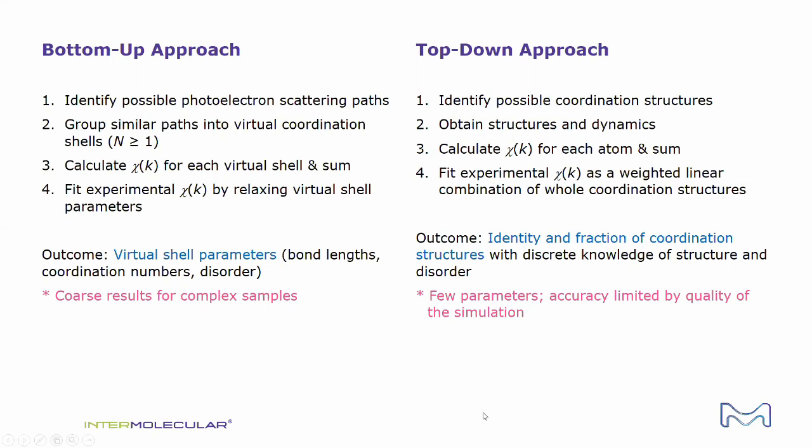So in this case, we're not fitting individual bond lengths, we're not fitting coordination numbers, we're assuming that we know all of that from the beginning, and that we have a full spectrum for each potential component that makes up the sample. So we end up with very few parameters, but the accuracy of the fit is overall limited by the quality of whatever our structure and dynamics are that we've obtained perhaps from a simulation.